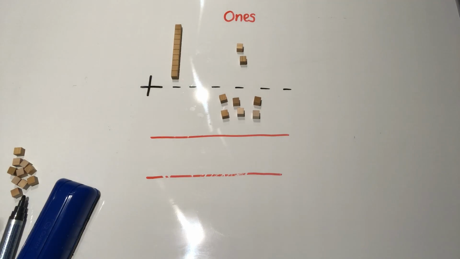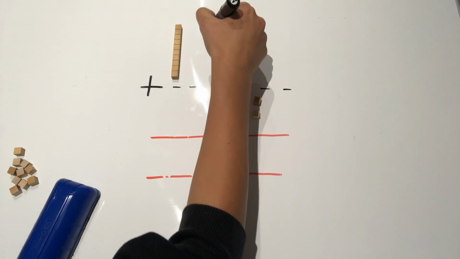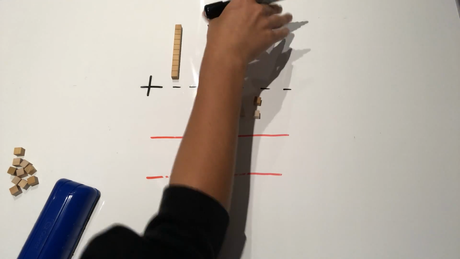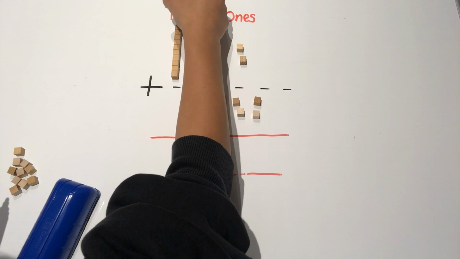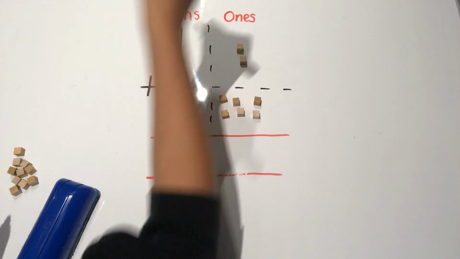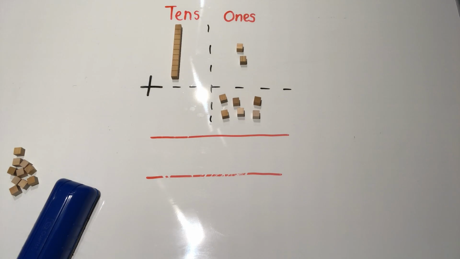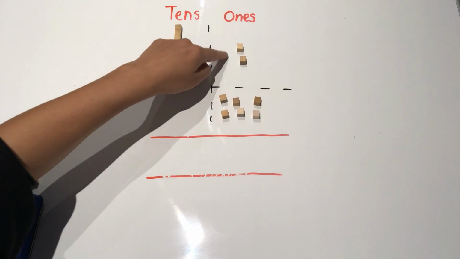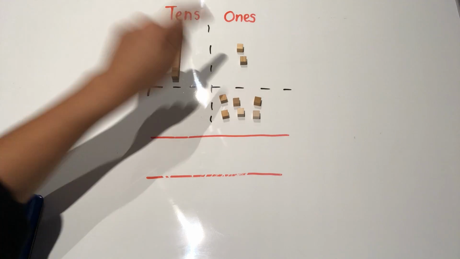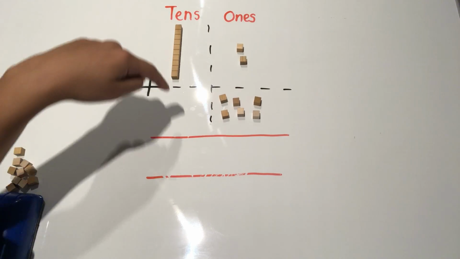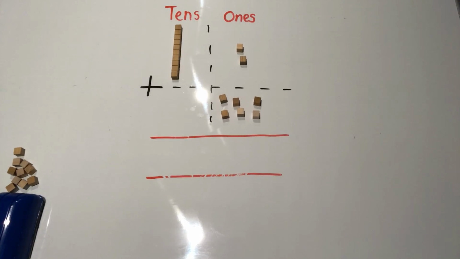So I'm going to just put a line between here so we can see this is our ones column, and then this is our tens column. So our first number, we have 1 ten and 2 ones. So that's the same as saying 10 plus 2. So that is 12.